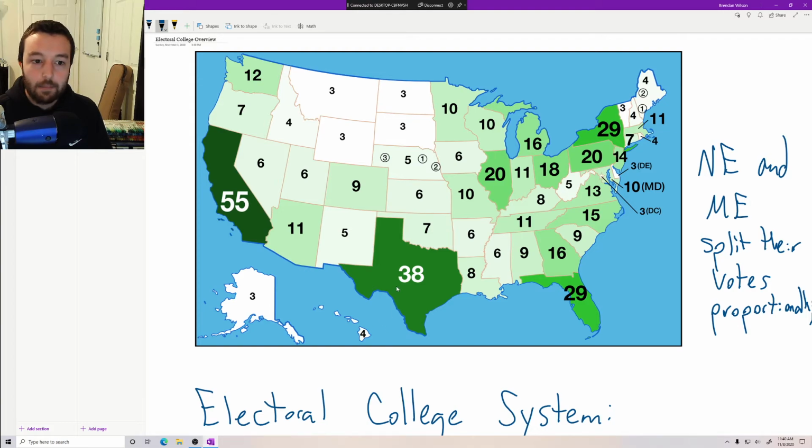And what actually happens is that a person's vote in Wyoming is way more powerful than a person's vote in California, oddly enough. In practice, it doesn't matter too much because Wyoming always votes for the Republican and California always votes for the Democrat. But still, if you actually look at the proportions, a person in Wyoming does have a more powerful vote than a person in California by a lot.